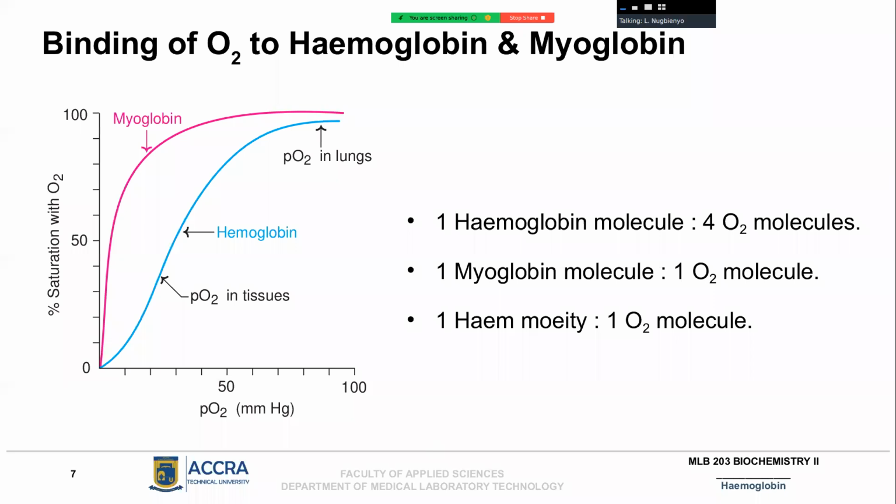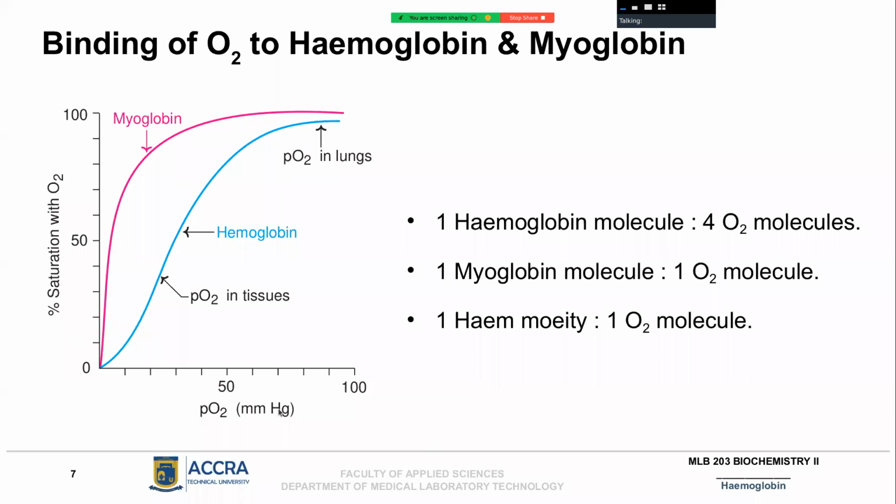So yes, in myoglobin, you are just having 1 heme in that molecule. Now, what will be the difference in the saturation of these two blood pigments? When you look at this graph, you see the saturation of oxygen on the vertical axis, and on the horizontal axis you have the partial pressure of oxygen. You can say the concentration of oxygen.